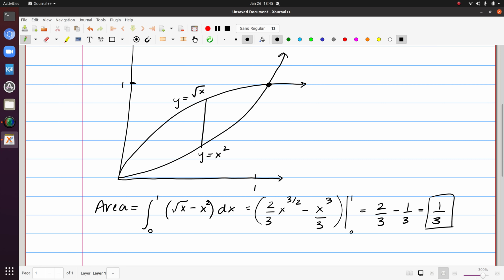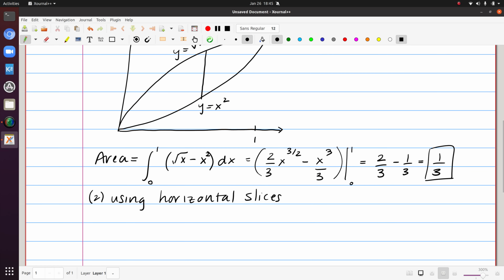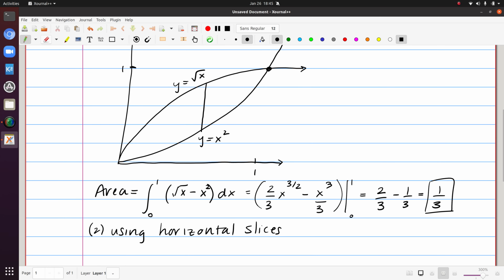Now, if I were to go back and answer the same question, but with horizontal slices, again, that's another way of indicating that I want to slice perpendicular to the y-axis and therefore integrate with respect to y. Now, if I come back to my picture, what I need to think about is how these curves lie with respect to the y-axis.